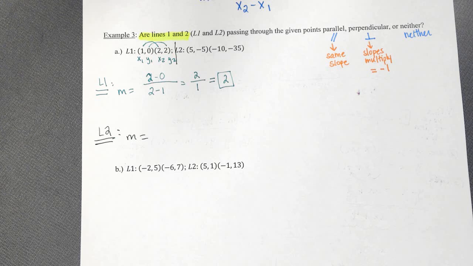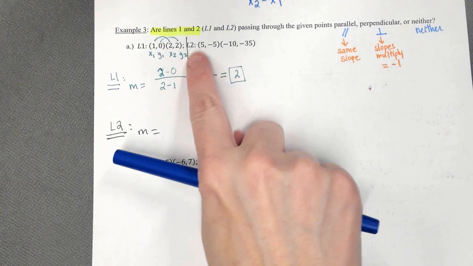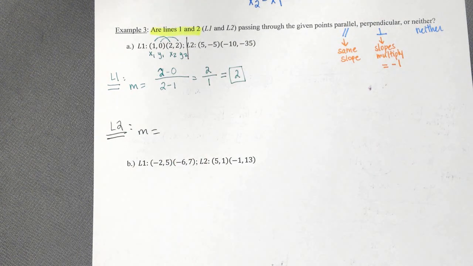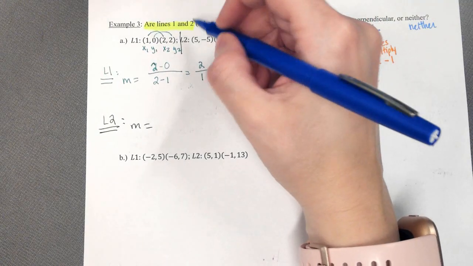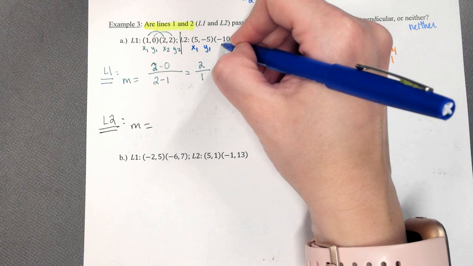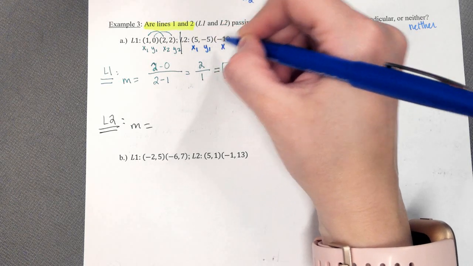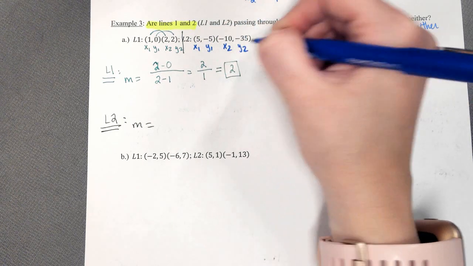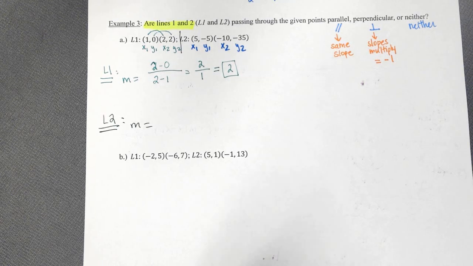Okay, great. Now we're going to do the same thing for L2. So for the second line, again, this is your x1, y1. So whatever your first point is going to be the first x and the first y. Okay, now we have to be careful with this one because there are negatives.